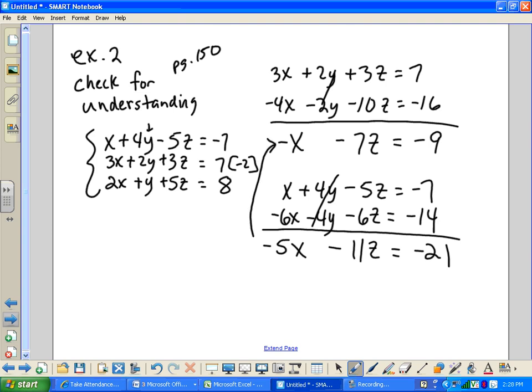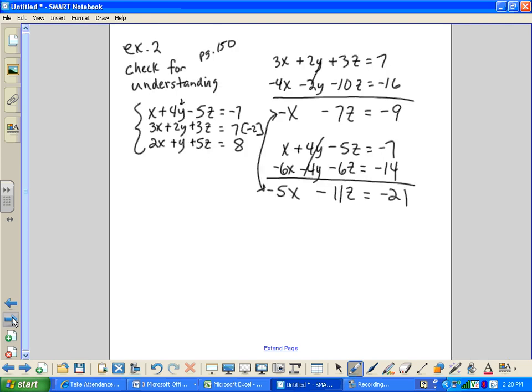So I've got this equation and this equation. I'm going to put those together to make a 2 by 2. So let me make it into a 2 by 2 here now. Let me recopy them. -x minus 7z equals -9, and then -5x minus 11z equals -21. So I'm down to a 2 by 2. 2 by 2 is a little bit easier to solve.